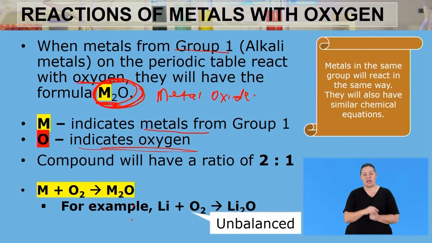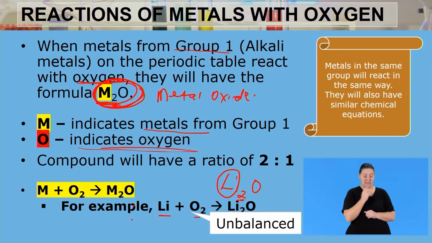Remember, the first part is the metal, and the second part is the oxygen, and then you will have the suffix -ide for oxide. So therefore, Li plus O2 will react to form Li2O. Remember, it's the metal, the M, with the 2, and then the oxygen. This is following that particular general equation there.